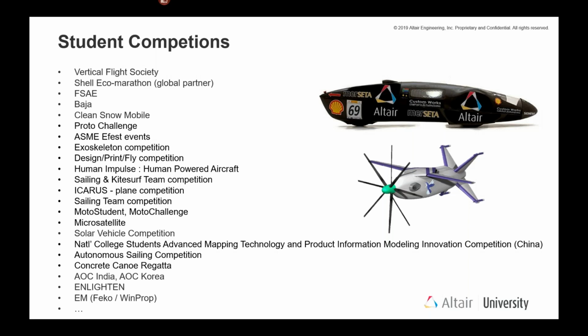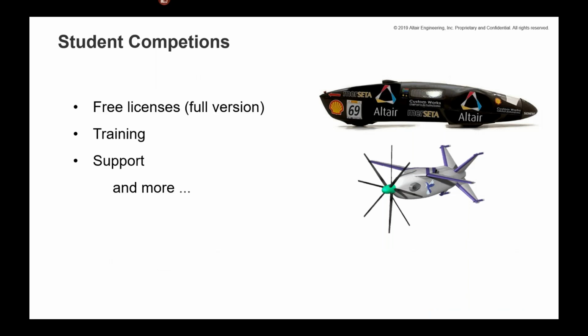Altair is also running, and this is shown on the lower end of this list, Altair-owned competitions like an Altair optimization contest in India or Korea, a very prestigious contest Enlighten, which is all about lightweight design, and contests about electromagnetic field simulation. We provide students participating in student competitions, free licenses, training, of course, support, and more.